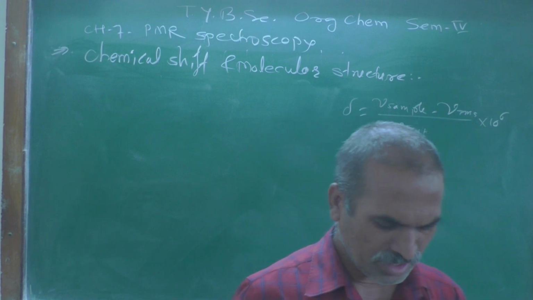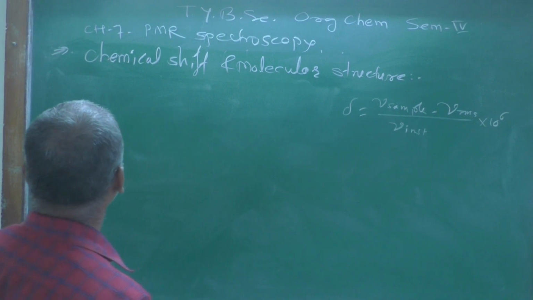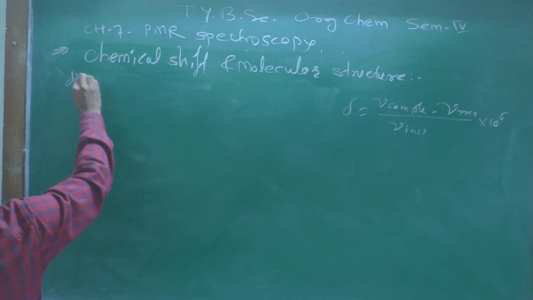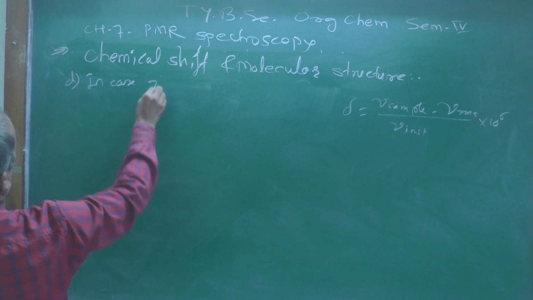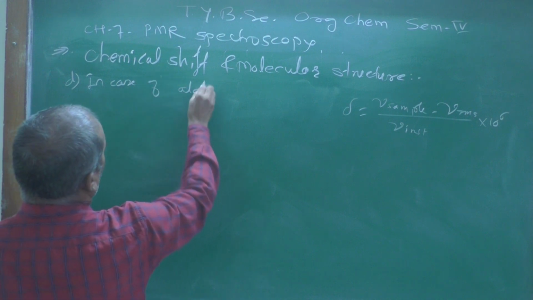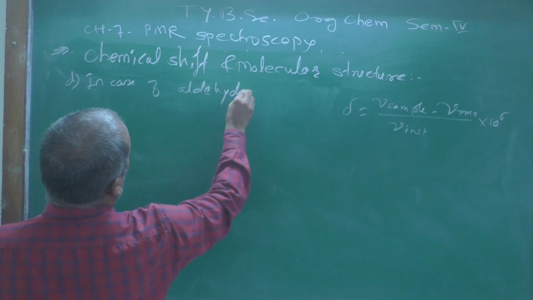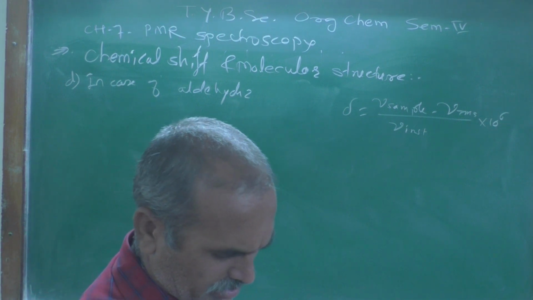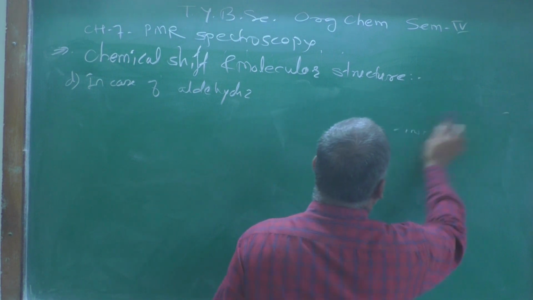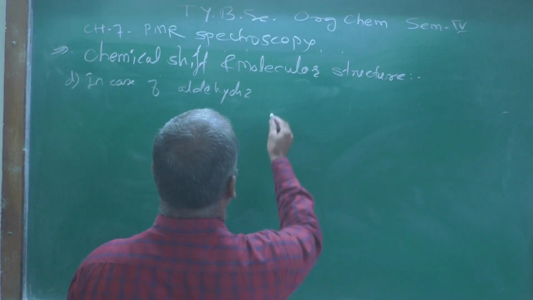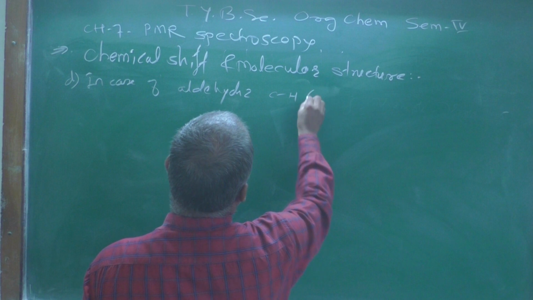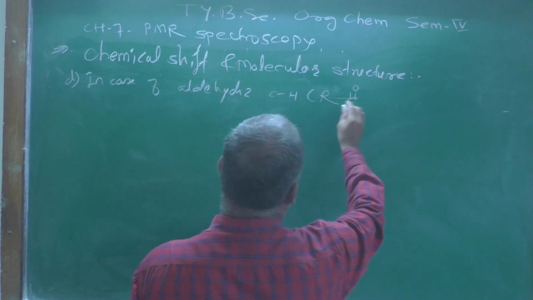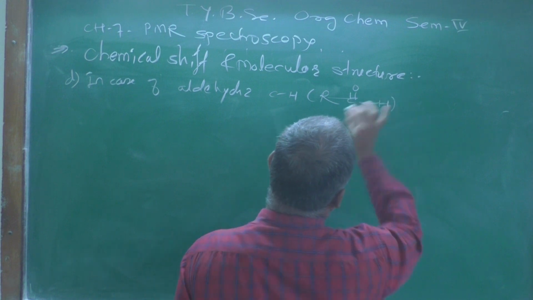In case of aldehydic CH, the general formula of aldehyde is RC double bond OH.